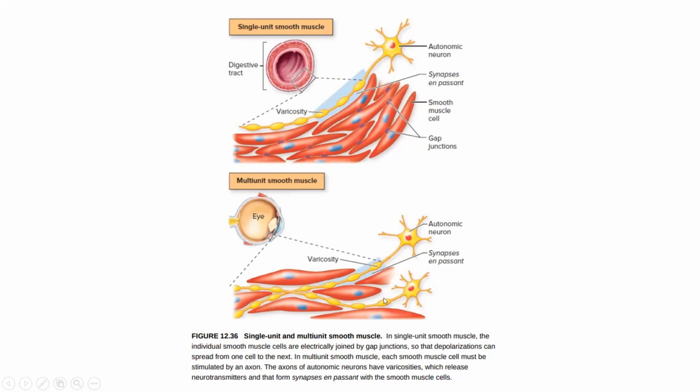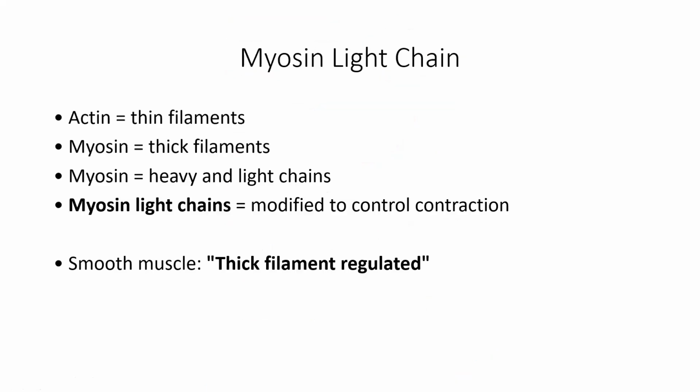So here we have no gap junctions. I mean, directly they are controlled by the varicosities of these axons, which directly release some neurotransmitters, which then, of course, activate your target receptors on the smooth muscles, okay? Okay, now let me move on to the actual contraction mechanism of smooth muscle.